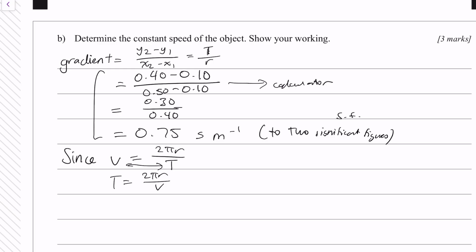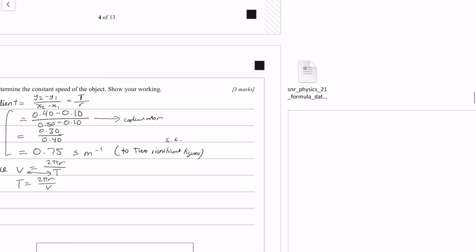I can do a quick proof of that if you wish. If I have V equals 2 pi r over capital T, and I put a 1 here and just cross multiply, that equates to 2 pi r times 1, which is just 2 pi r, over VT. Then I just divide by V on both sides.